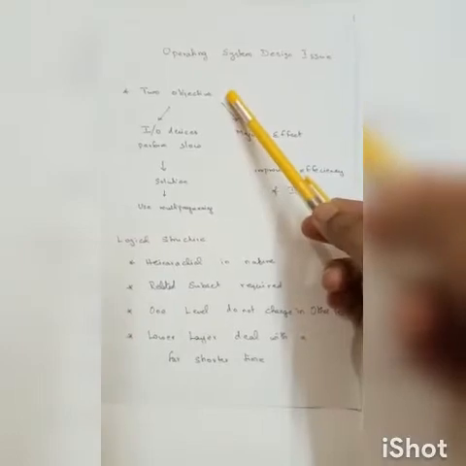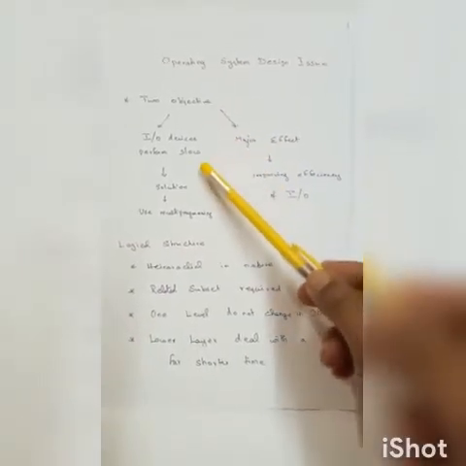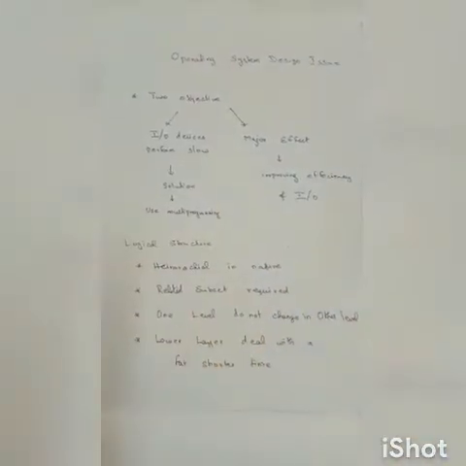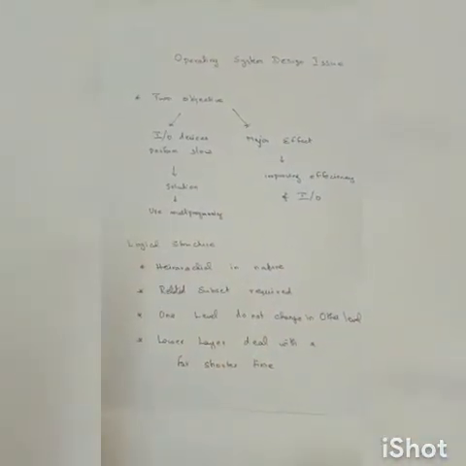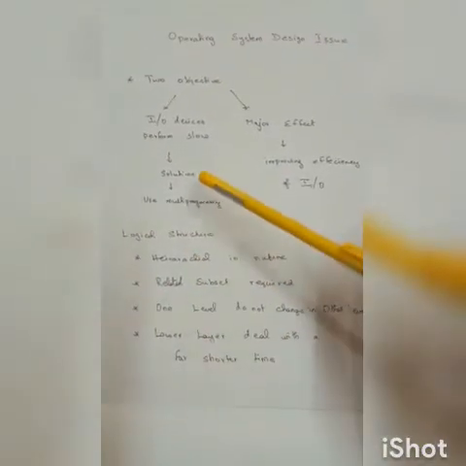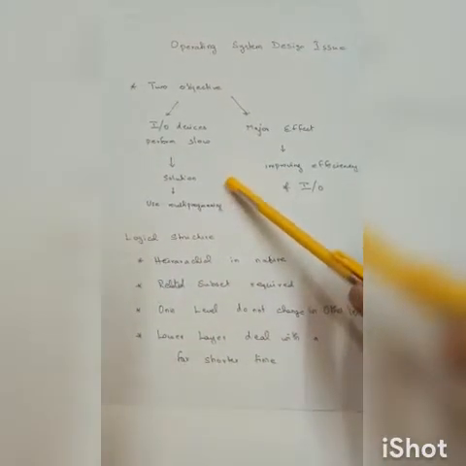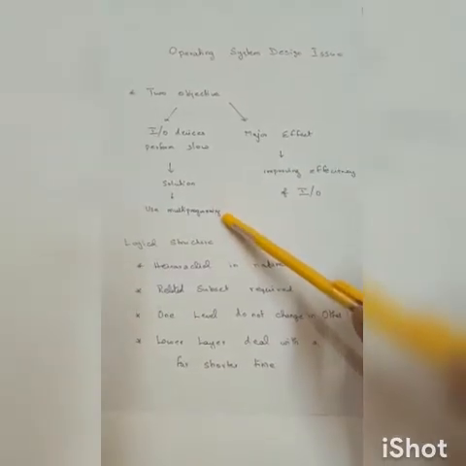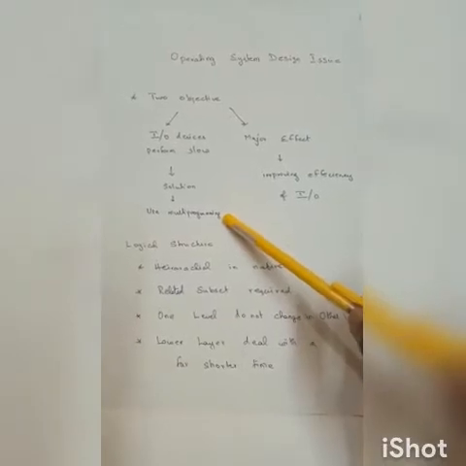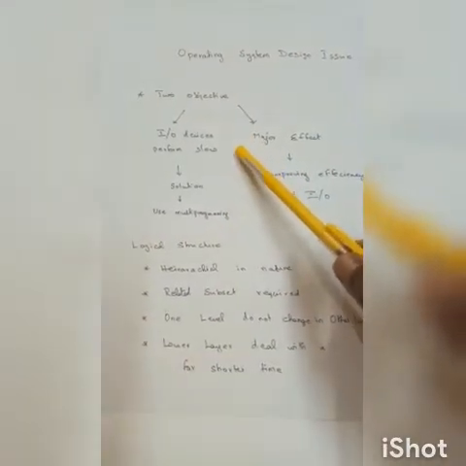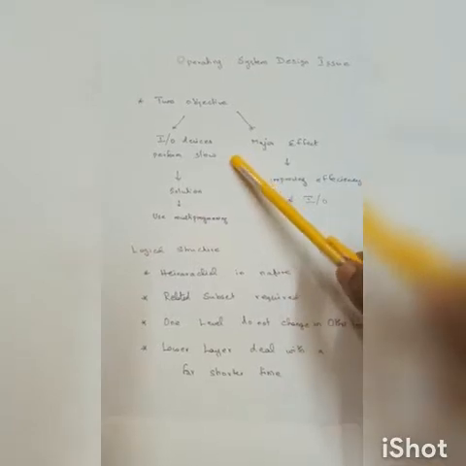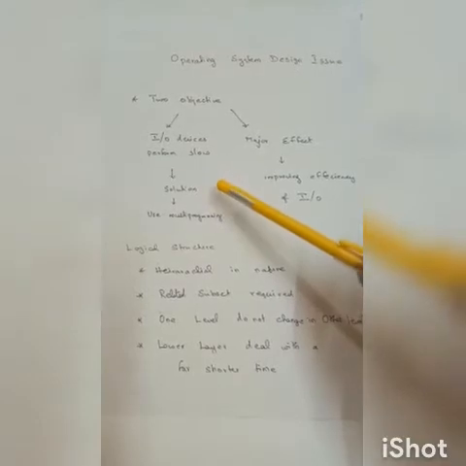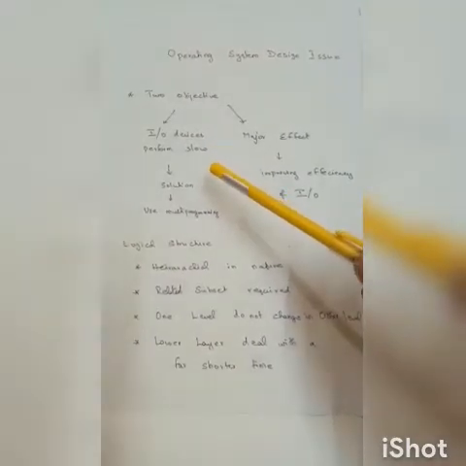The first objective is that input output devices perform slow. The input and output devices perform in a very slow manner. At that time it has a solution: the system itself takes multi-programming at the same time. For example, when I'm using a new device like a pen drive, the booting process of the particular device gets delayed.